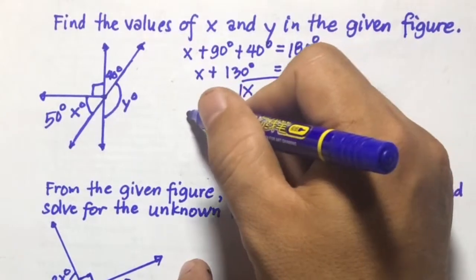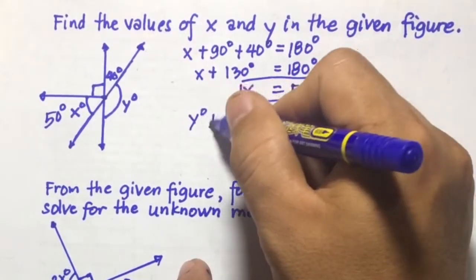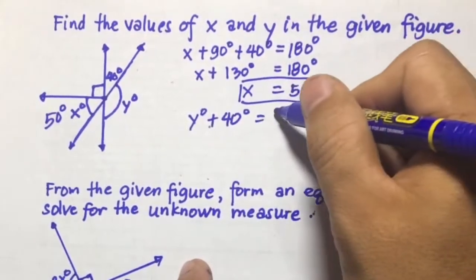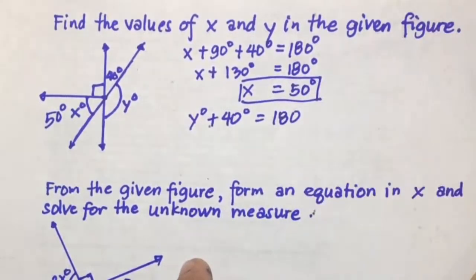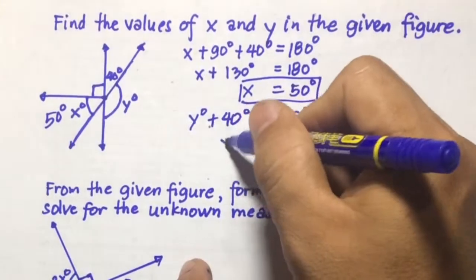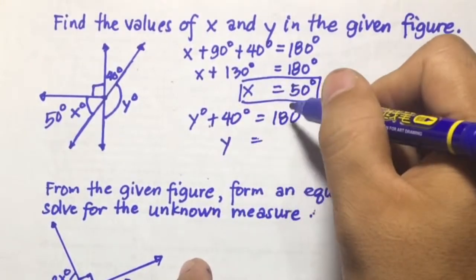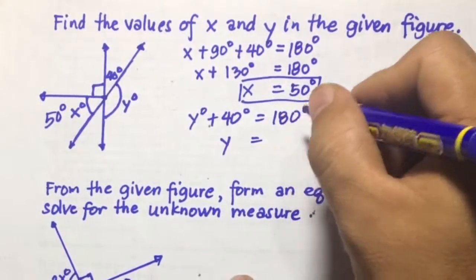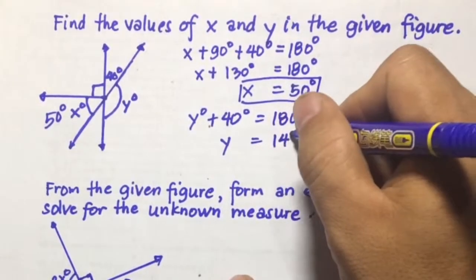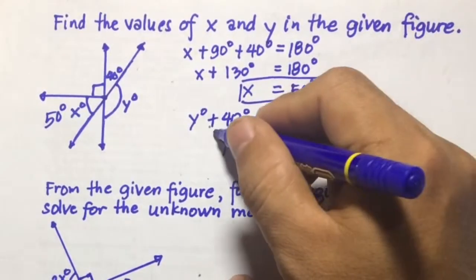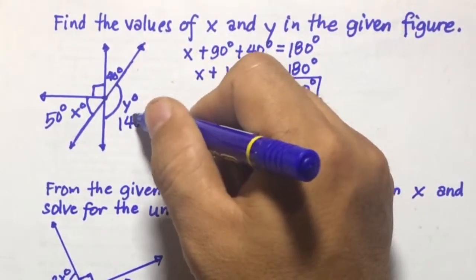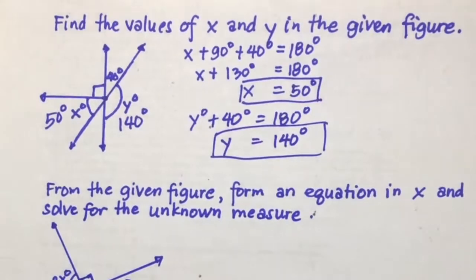So we're going to have y degrees plus 40 degrees equal to 180 degrees. Then y will be equal to 180 minus 40, and that will be equal to 140 degrees. So y here is equal to 140 degrees.